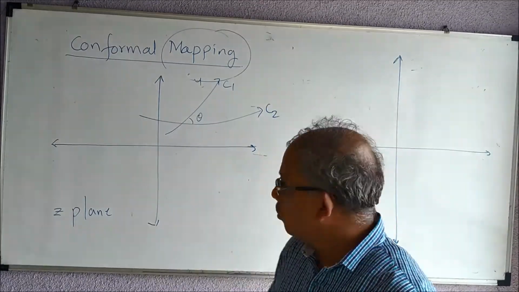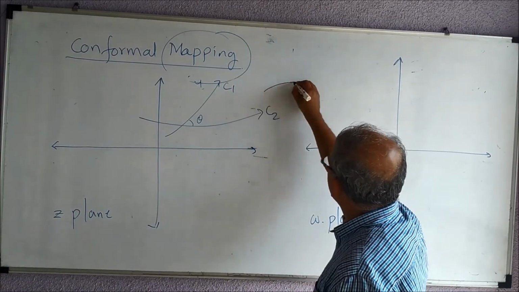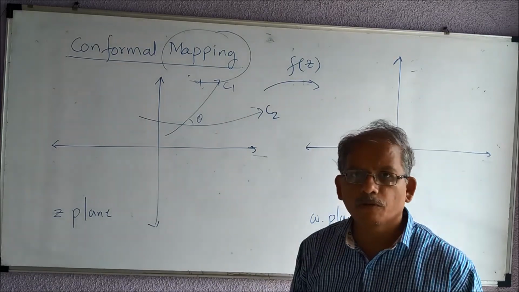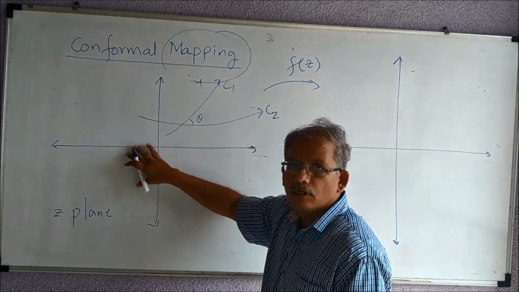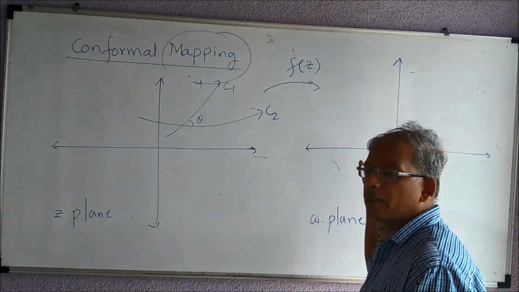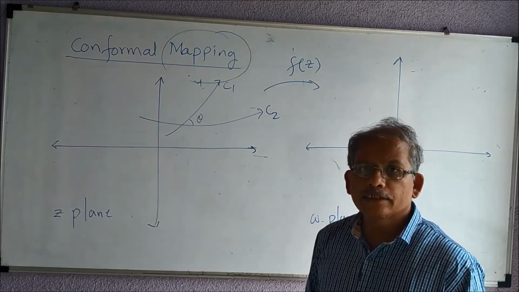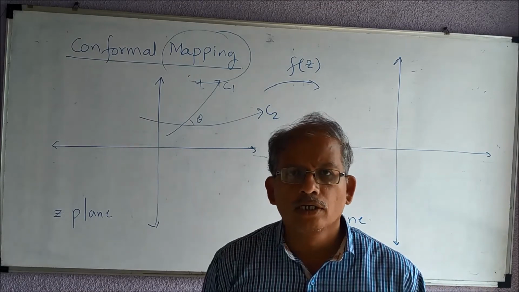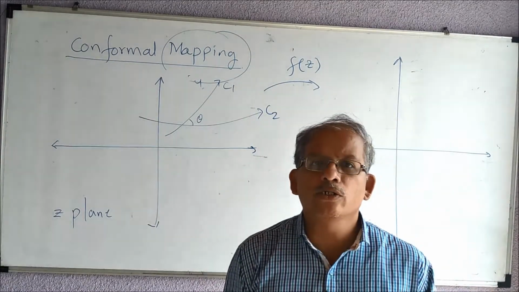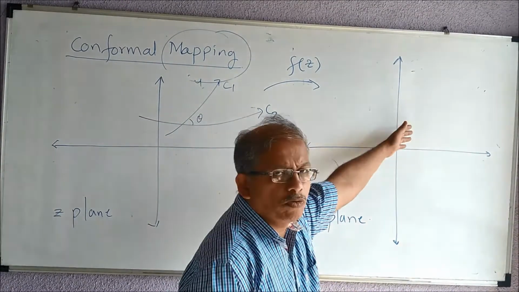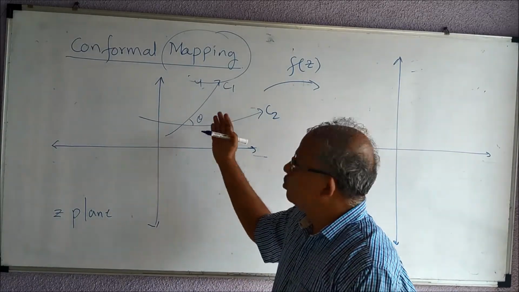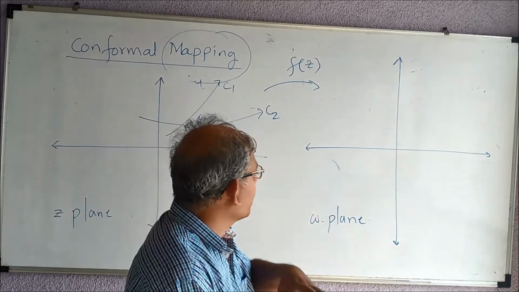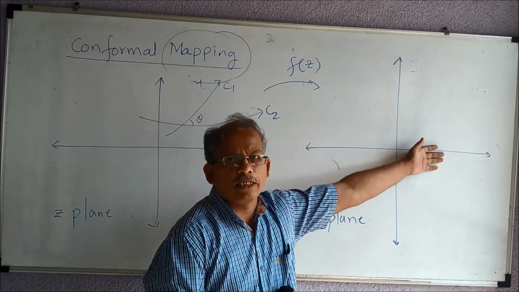Okay, now if I take a mapping from here to here, say f(z). So f(z) is a mapping from this plane to this plane. I'm interested in what will happen to C1 and C2. Okay, so C1 gets mapped to some kind of curve over here. C2 gets mapped to some kind of curve over here. Okay, they may intersect somewhere else on the plane.